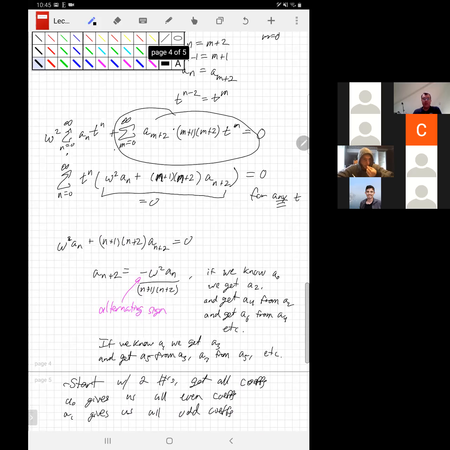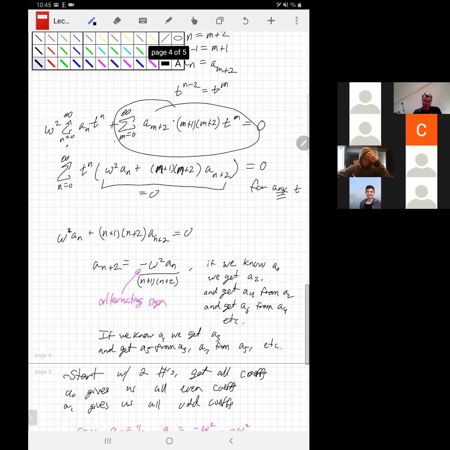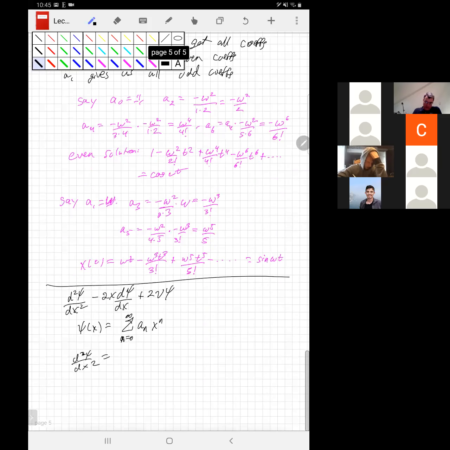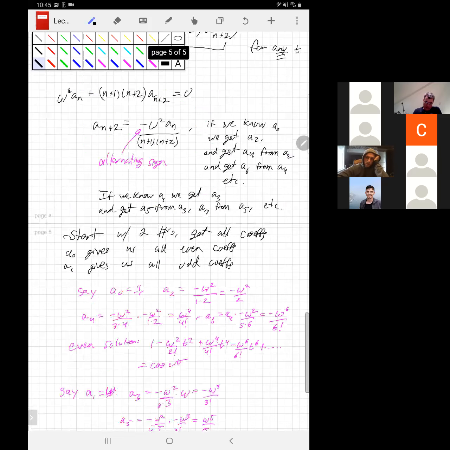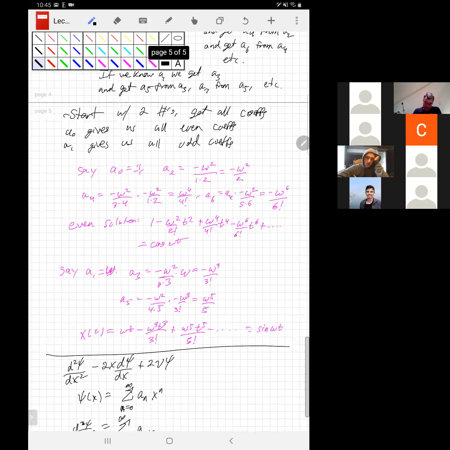So I'm going to just use that. I'm going to take this thing that we just derived and use it rather than reinventing it from scratch. So that's going to be the sum from n equals 0 to infinity a sub n plus 2 times, let me make sure I've got it right, n plus 1, n plus 2.